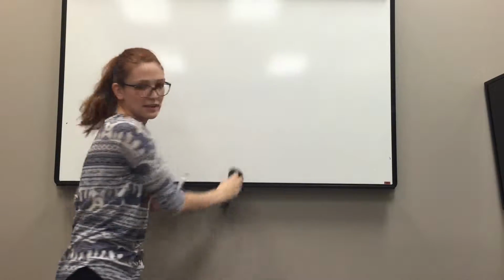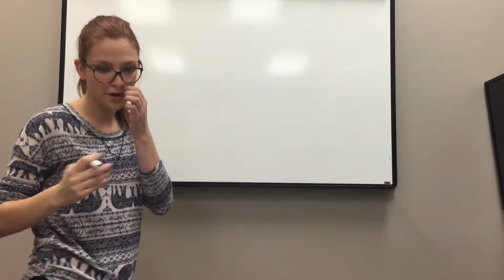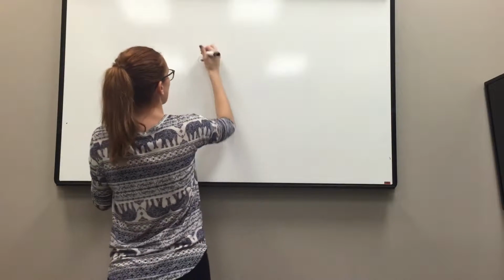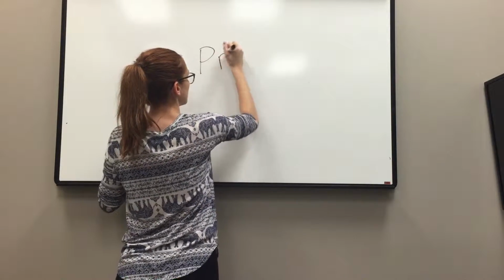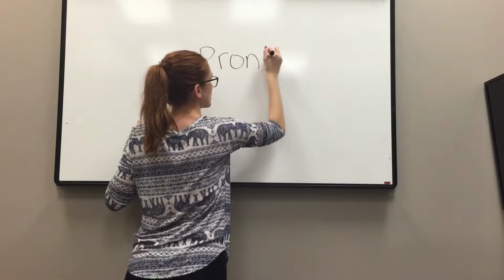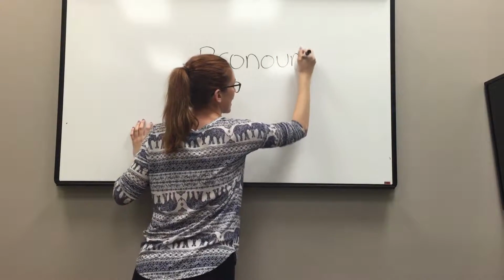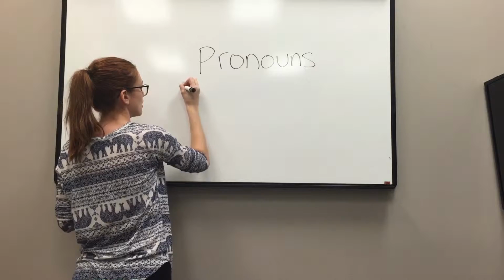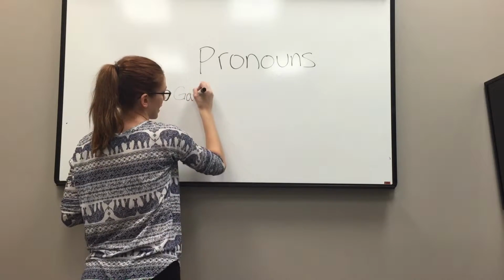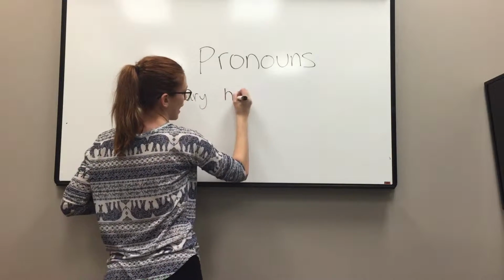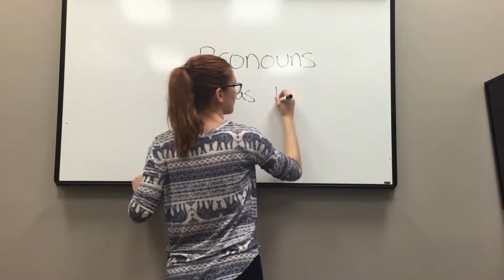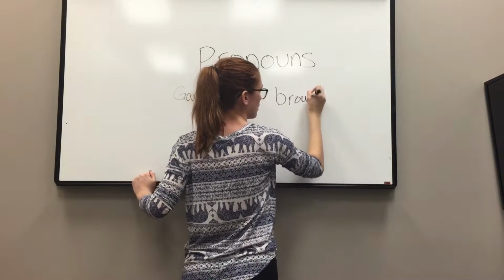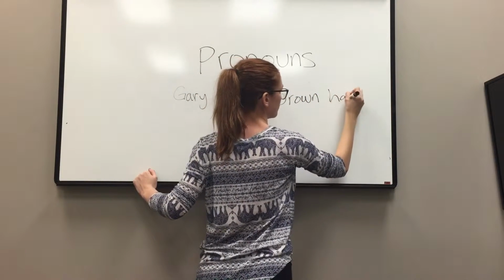Okay, now we're moving on to our third part of speech, which are pronouns. Pronouns are what we use to replace nouns. So we could say, Gary has brown hair.